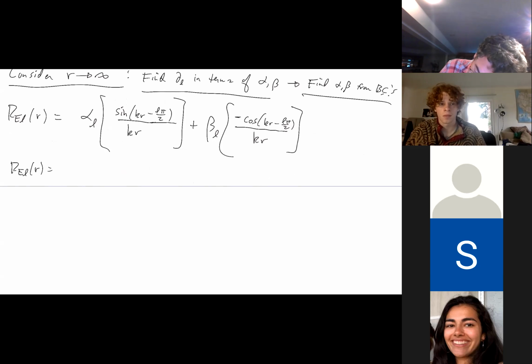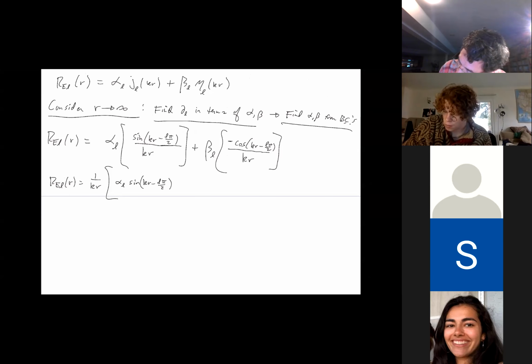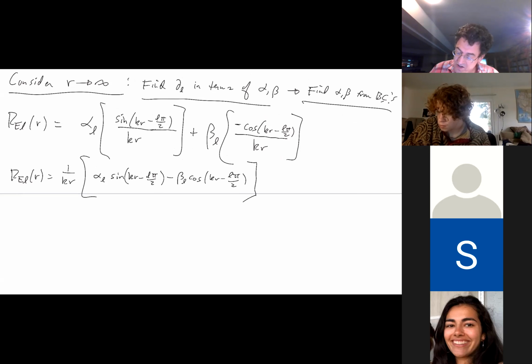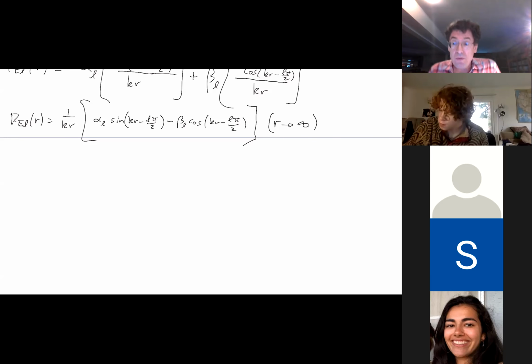It's equal to 1 over KR times alpha L times sine of KR minus L pi over 2, minus beta L times cosine of KR minus L pi over 2. Okay? And this is for R goes to infinity, by the way. This is the large R expansion of the radial wave function.